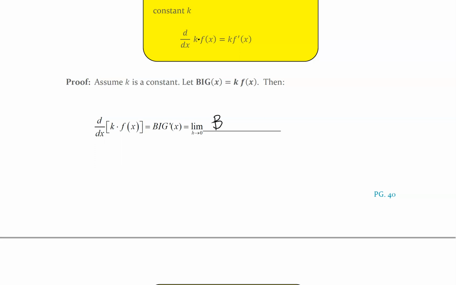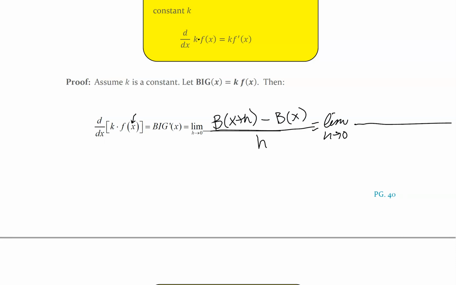the derivative of that big function is b of x plus h minus b of x, all divided by h. That is equal to the limit as h goes to 0, and whenever I see x, I plug in x plus h.